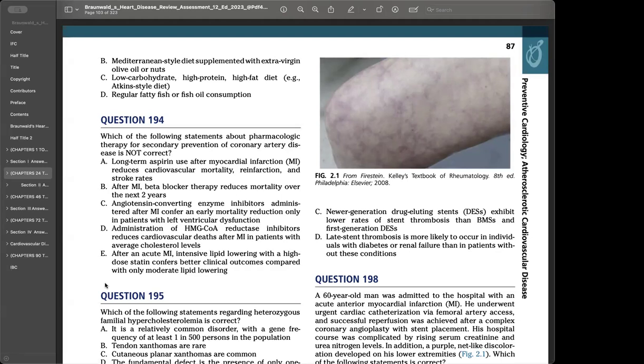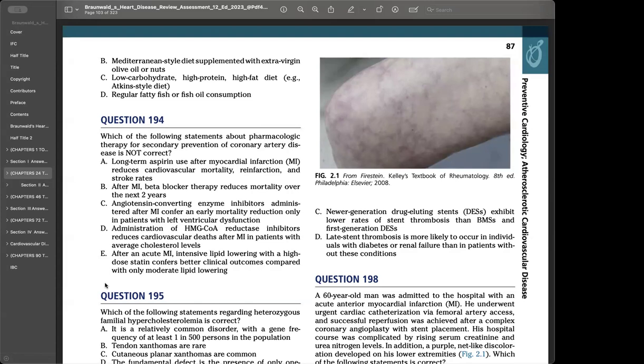And then in the secondary prevention of acute MI, just like we discussed not long ago, aspirin is used for secondary prevention. So looking at this option, it is a true statement, so that's not our answer.